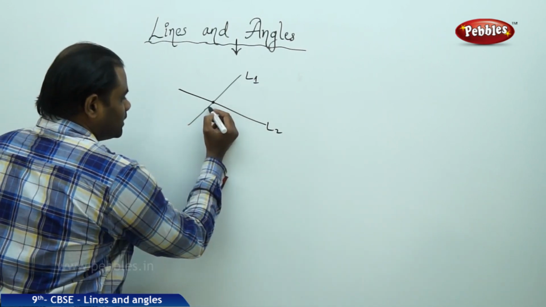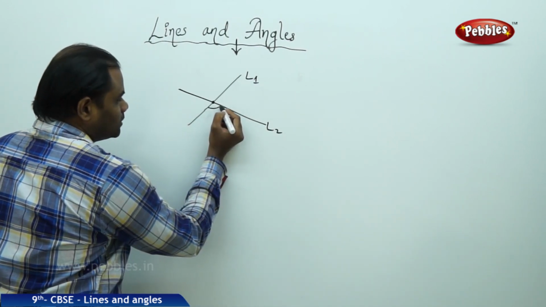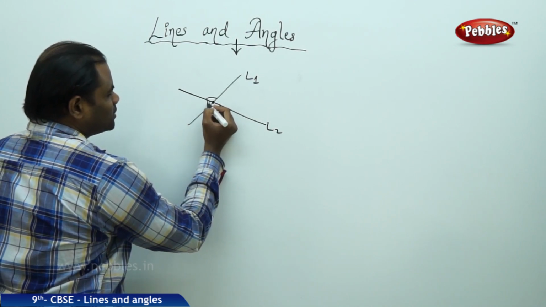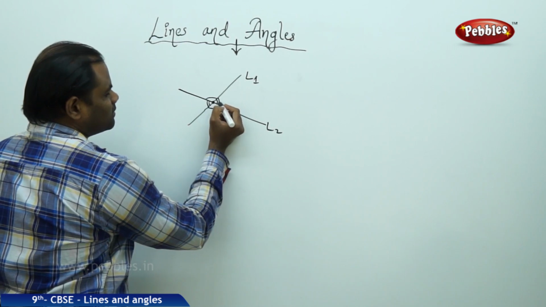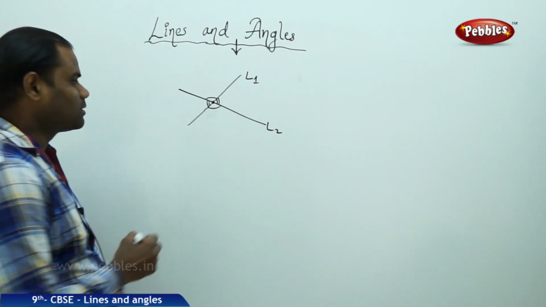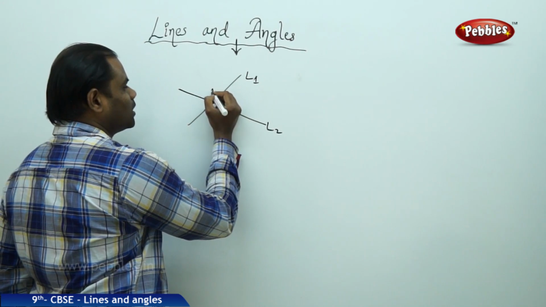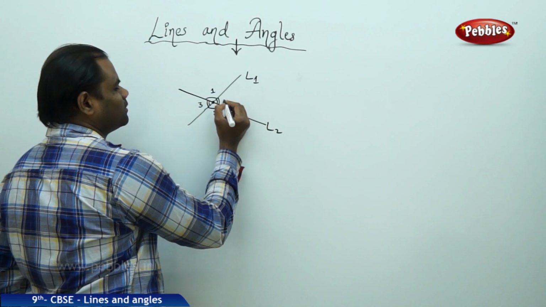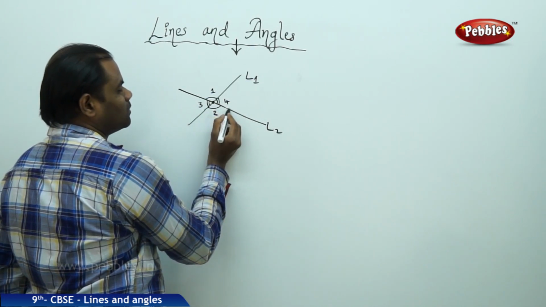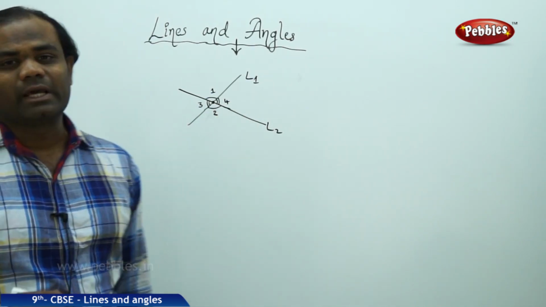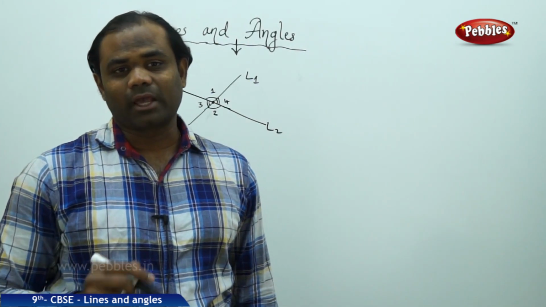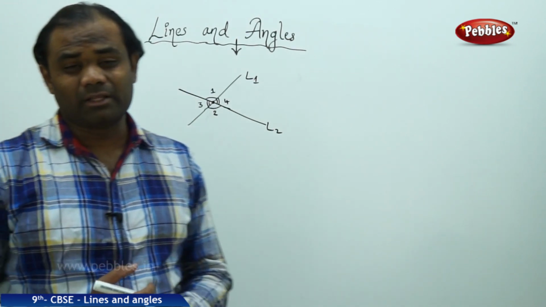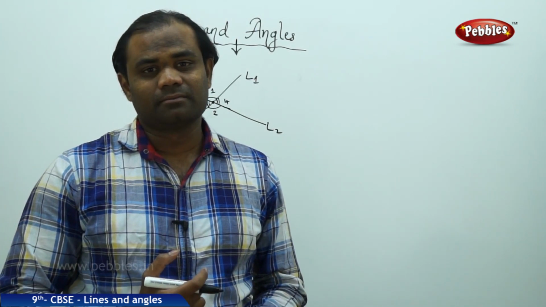I find that there is an angle out here, there is an angle out here, there is an angle out here, and there is an angle out here. So totally there are four angles, 1, 2, 3 and 4, is how I understand the lines intersecting to form angles. There are angles out here which are formed by the two lines intersecting.